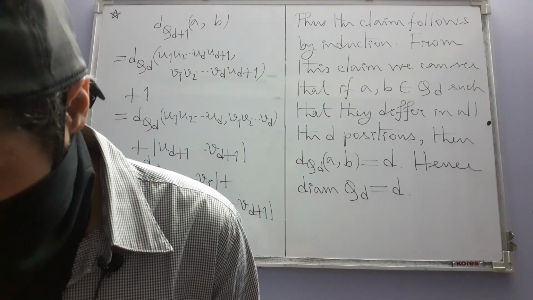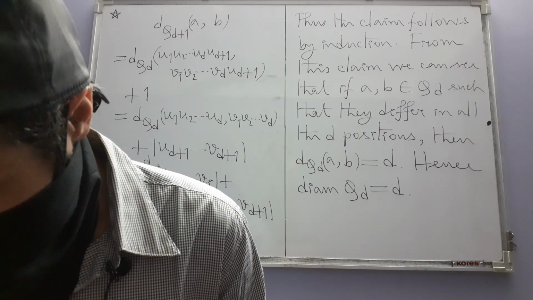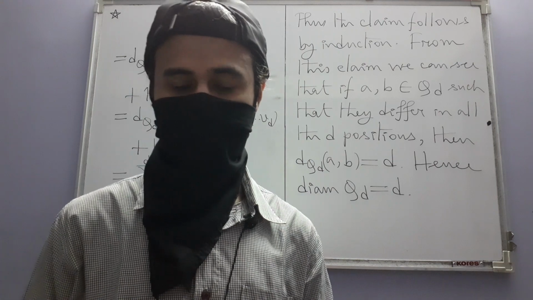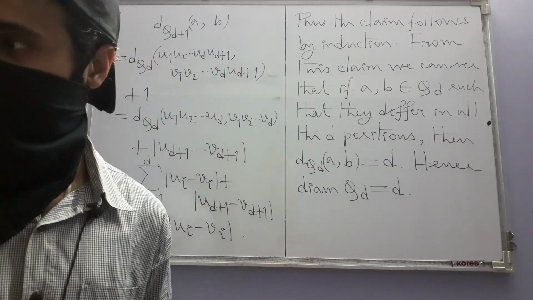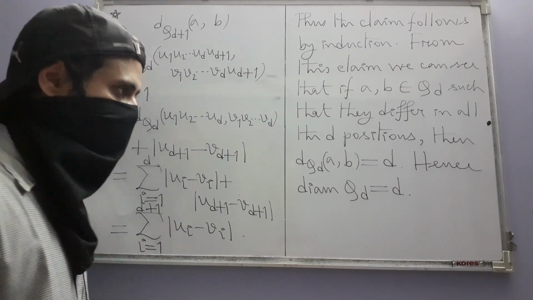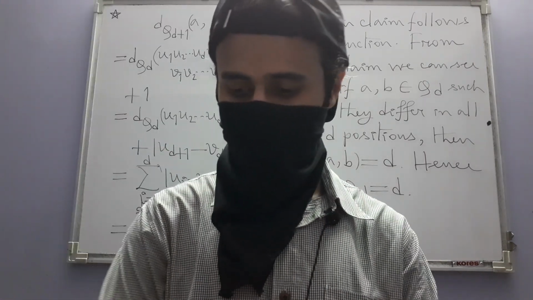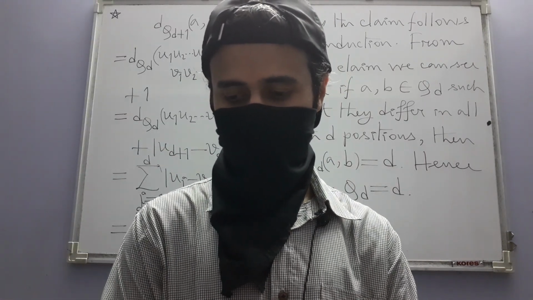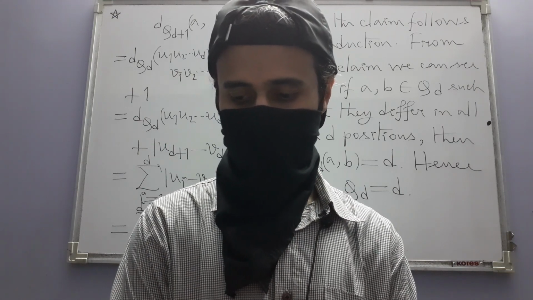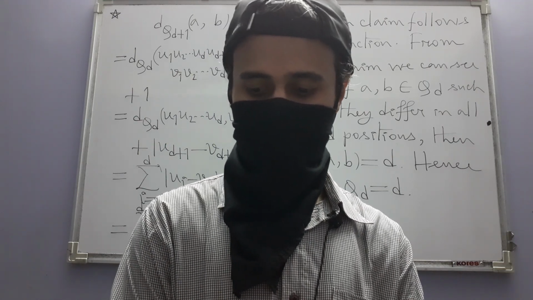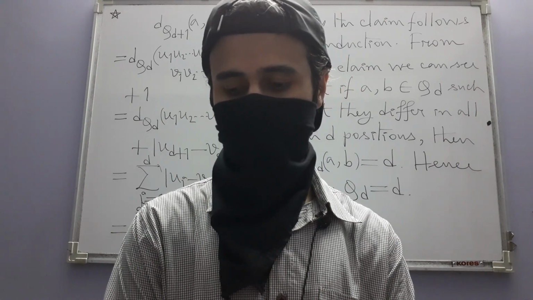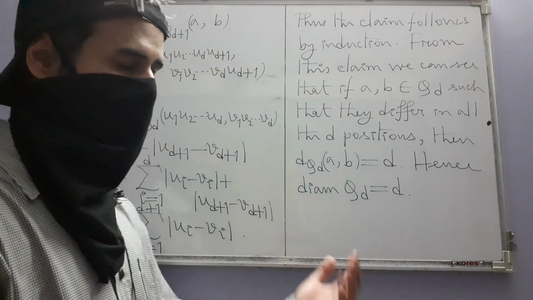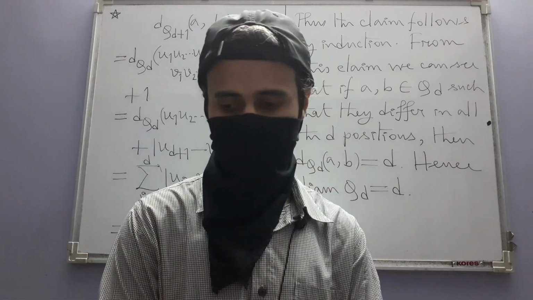Next comes, after diameter we have girth and circumference. Should I do it in this video, or let's stop here itself, because it will take some more time. Okay, although maybe not this much time, but significantly longer.